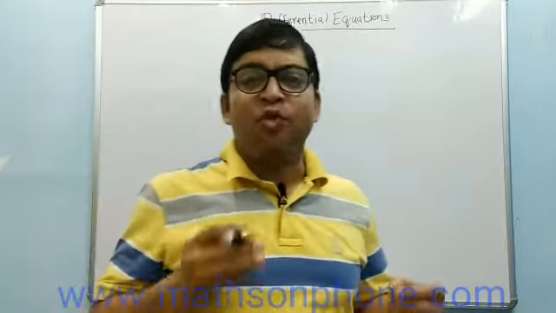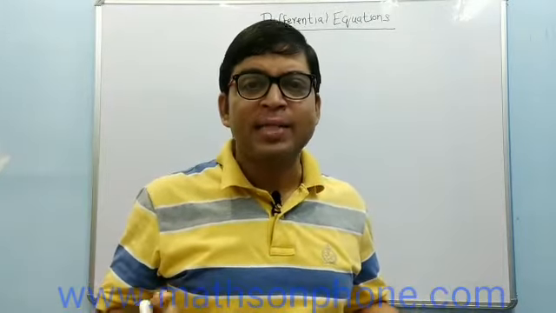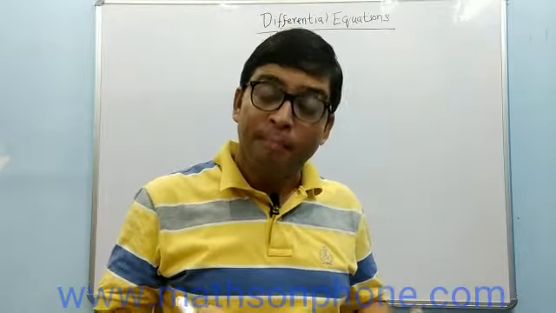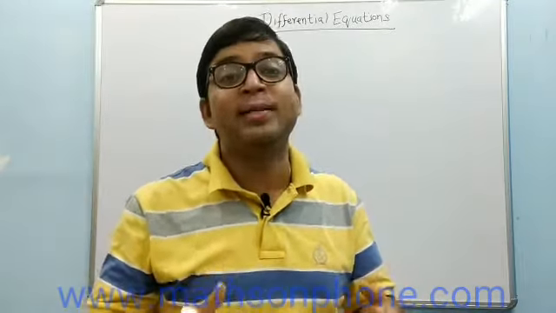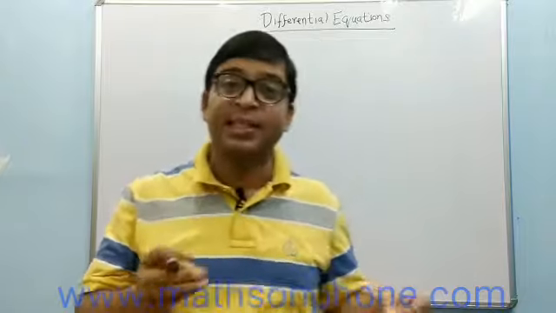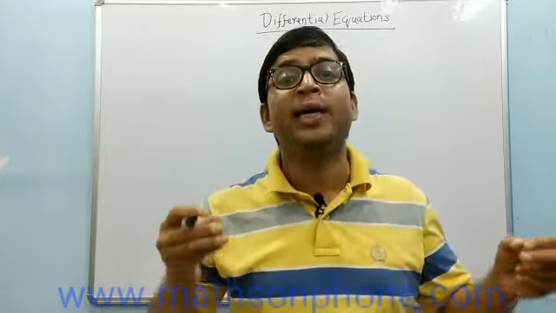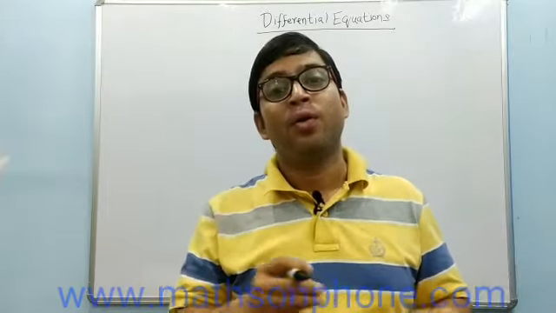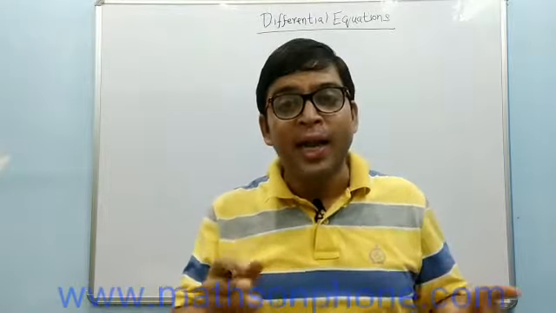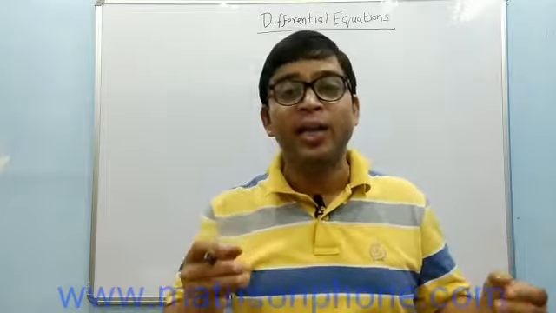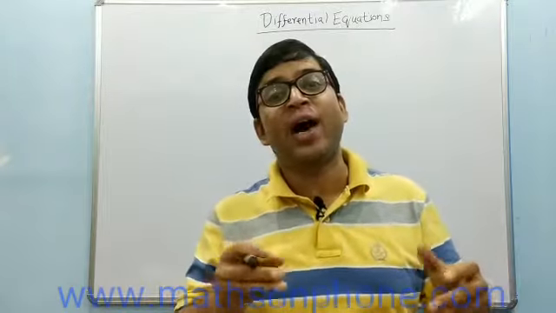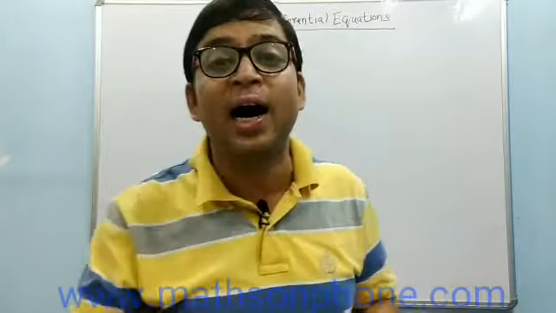Now we will see one type where variables are not separable, but that will be made separable. I just named this type of solving equation as the unique relation type. What does this mean? There is a unique relation between x and y everywhere in the equation.